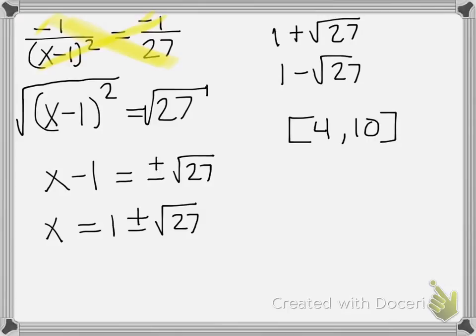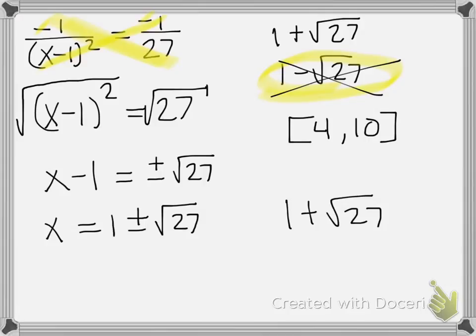So if you wanted to, you could just make it easier on yourself and put it in a calculator. And whenever you do that, you'll see that 1 minus the square root of 27 is outside of the interval that we were given. So you will reject that one, and we are left with 1 plus square root of 27 over the interval of 4 to 10. So this one is our answer.